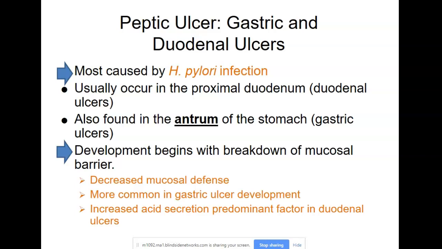So typically, most ulcers are going to occur in the proximal duodenum, which is the very beginning of the duodenum, or the distal portion of the antrum of the stomach, which is that last section, that muscular grinder of the stomach, before it reaches the duodenum. So really in that region, either the end of the stomach or the beginning of the small intestine, is where you see most duodenal ulcers.